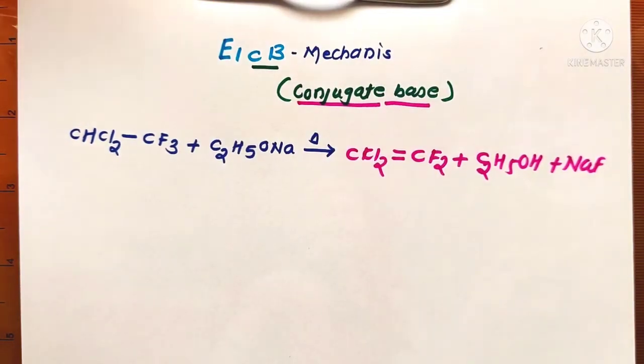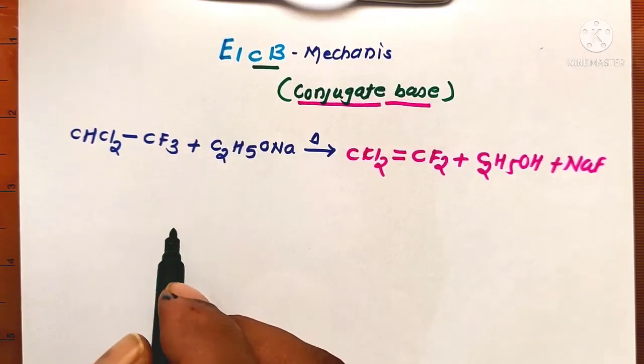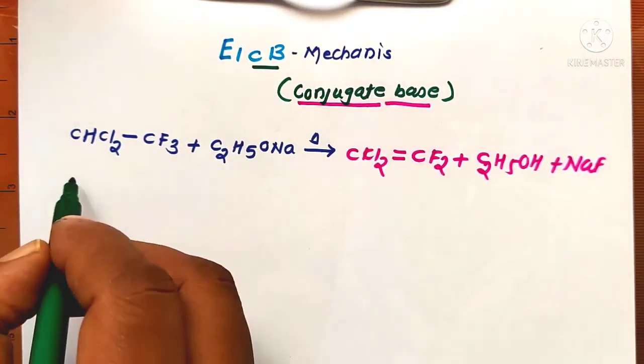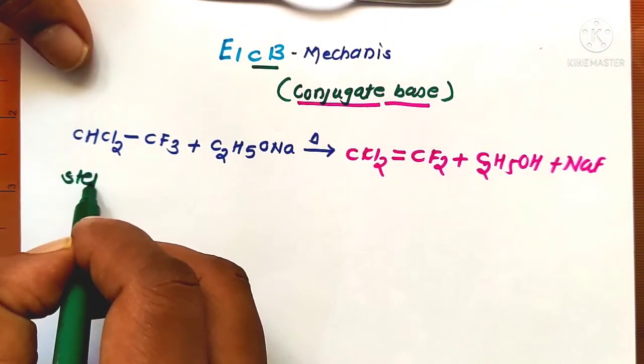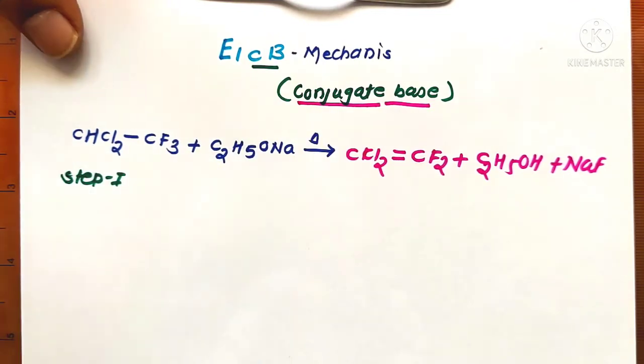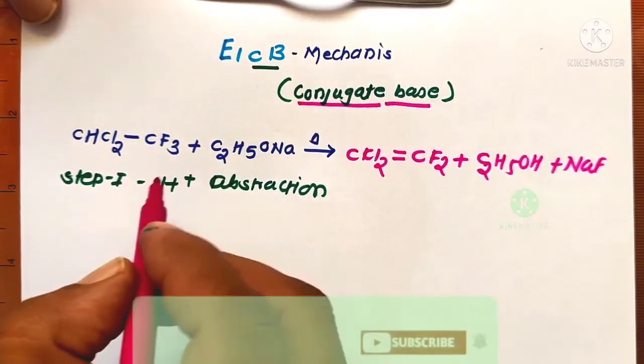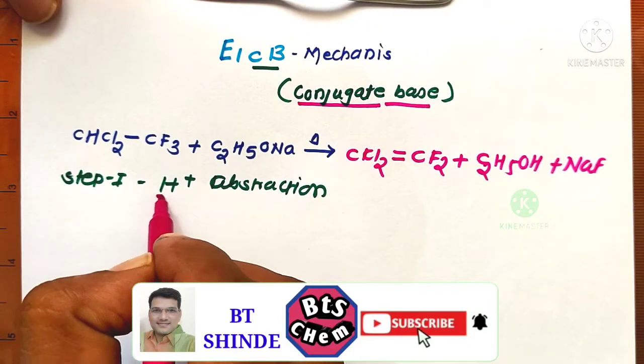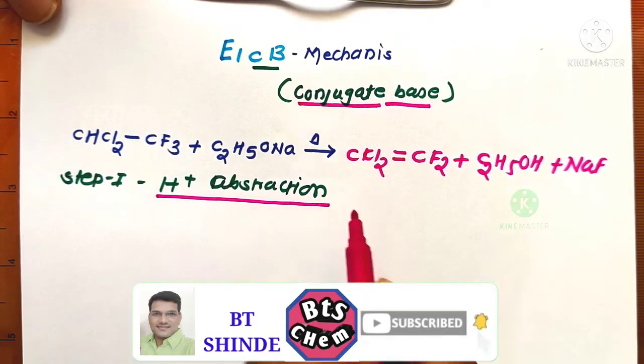Now the detailed mechanism of the reaction: this reaction proceeds in two steps. In the first step, H plus ion, that is a proton, abstraction takes place.